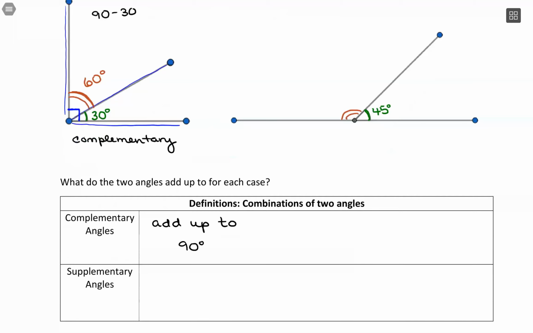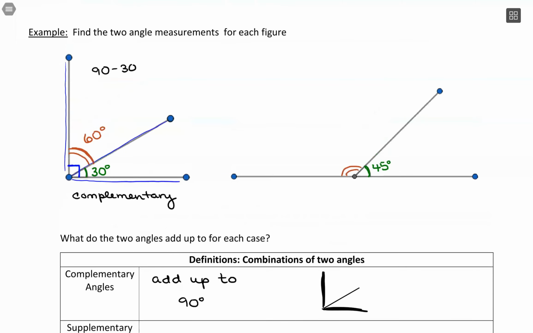But the key is that on the outside of everything is this 90-degree angle, and it's just been cut up by an extra line. So I could draw a line here, or there. No matter where I draw that line, I'll have complementary angles because they're both part of this larger 90 degrees.